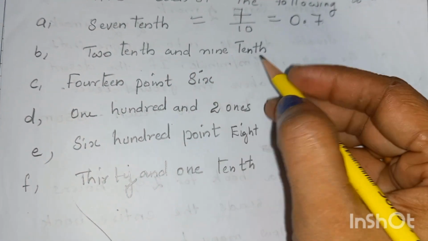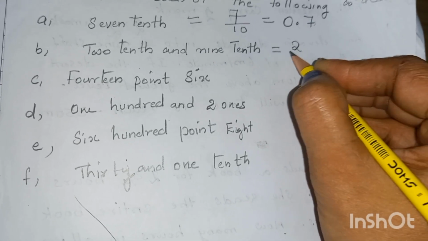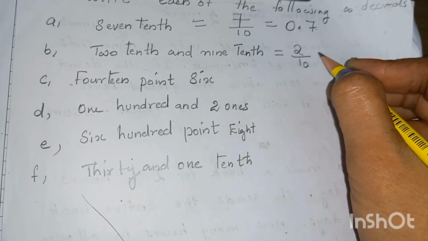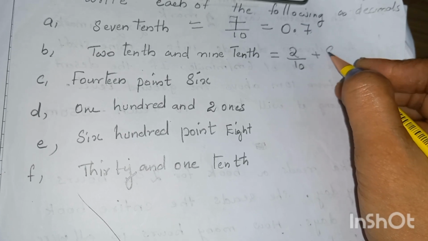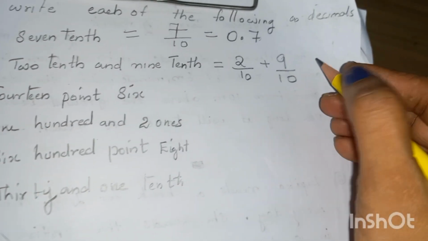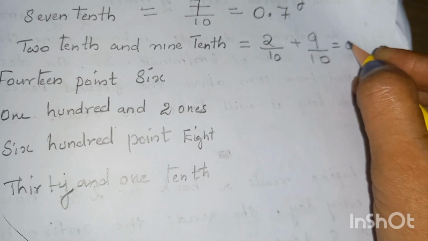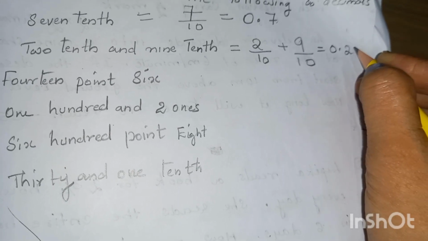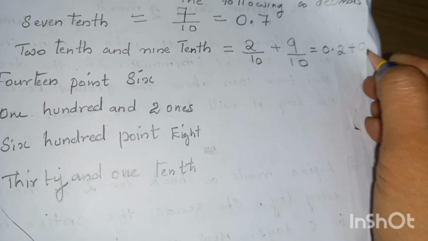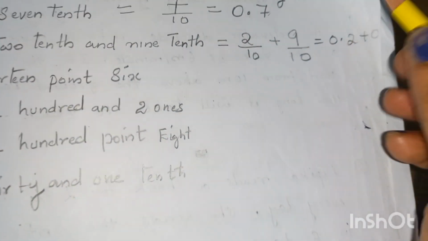Then 2/10 plus 9/10. 2/10 means 2 by 10, plus 9/10, 9 by 10. So how can we write in decimal form? 2/10 means 0.2 plus 0.9.